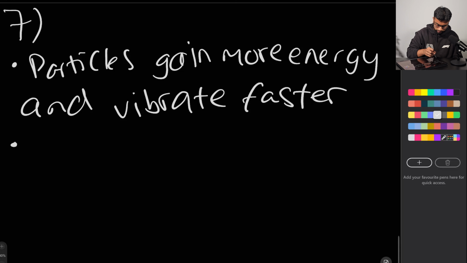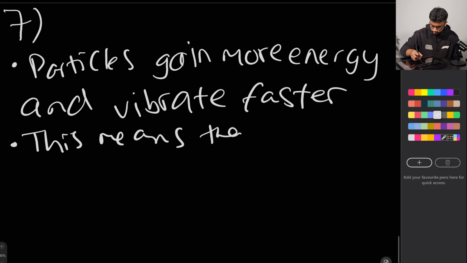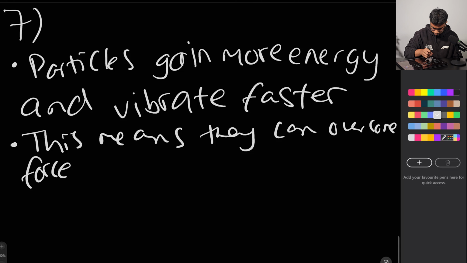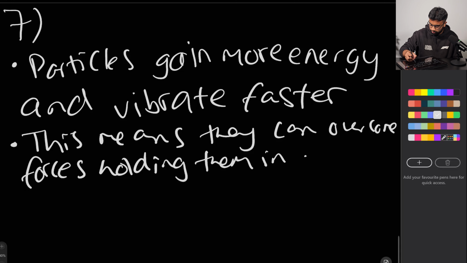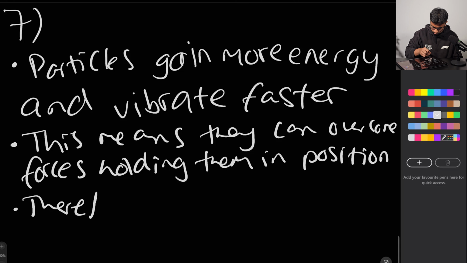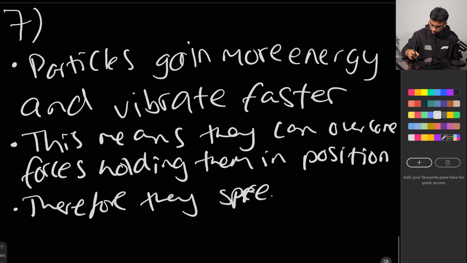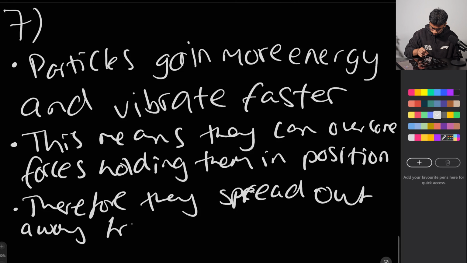And then I'd write, this means they can overcome forces holding them in position. Then my last bullet point would be, therefore they spread out away from each other.